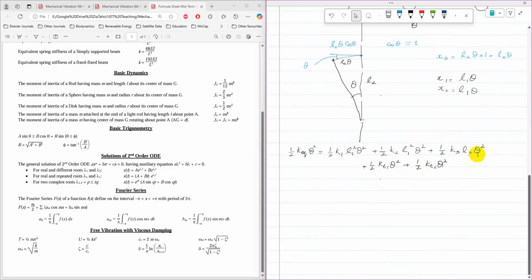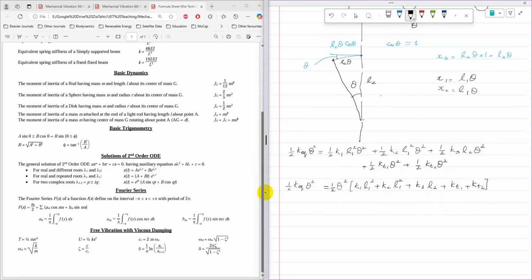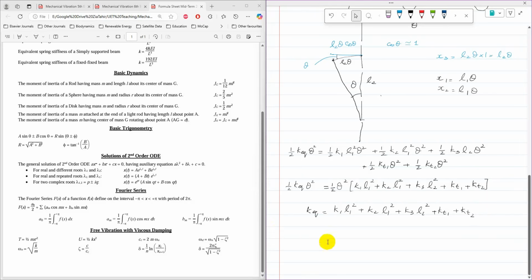Now theta squared is a common factor, as all terms have theta squared. On the right hand side, half theta squared can be taken as common, so that half theta squared on both sides cancels. Then the equivalent spring stiffness will be k1 L1 squared plus k2 L1 squared plus k3 L2 squared, plus kt1 plus kt2.